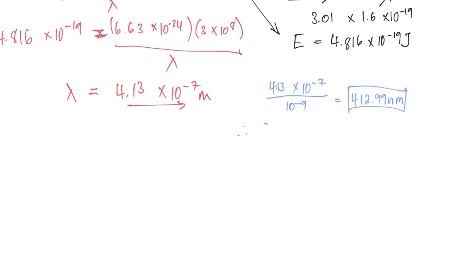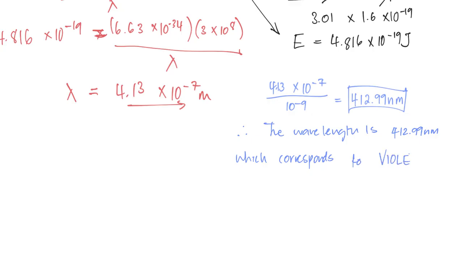Therefore, the wavelength is 412.99 nanometers, which corresponds to violet light in the emission spectrum.